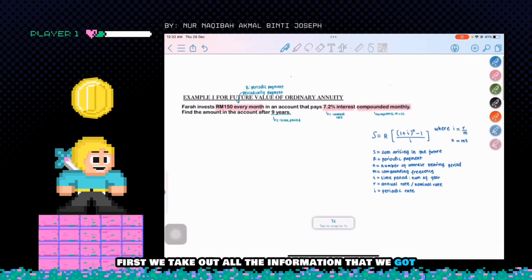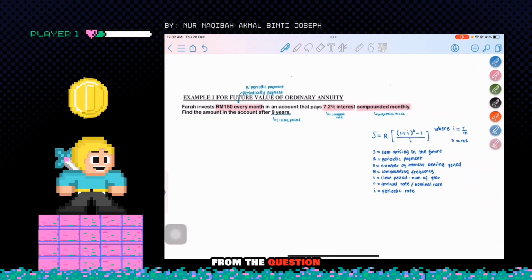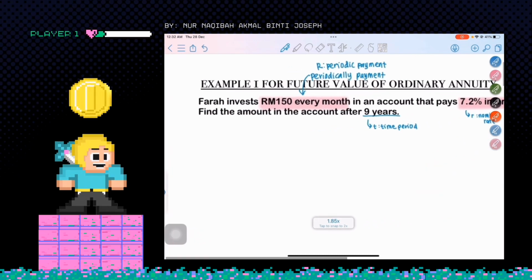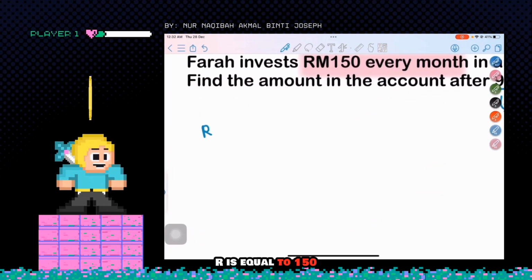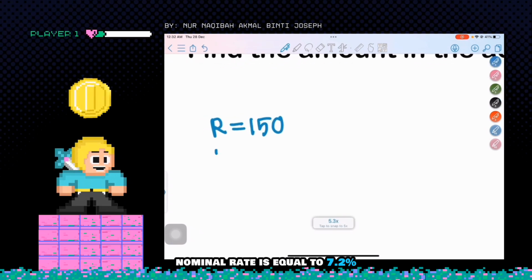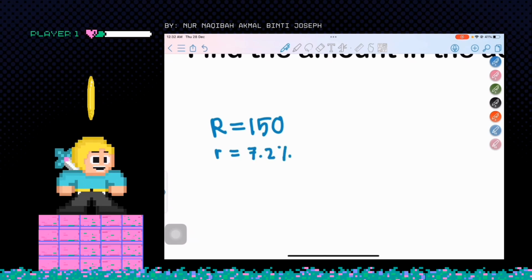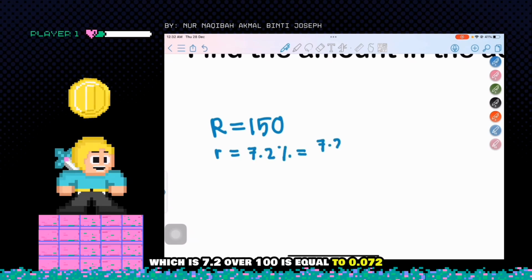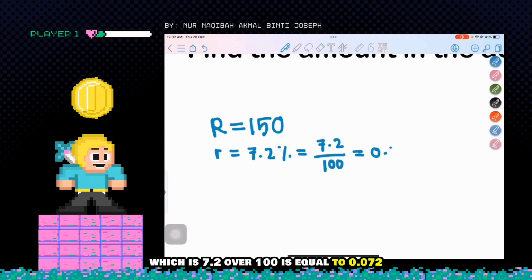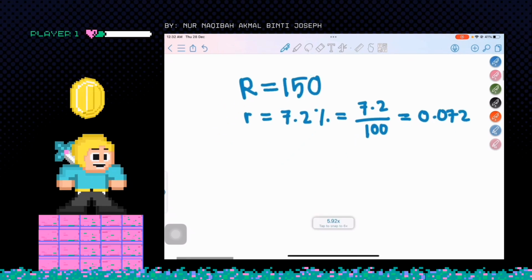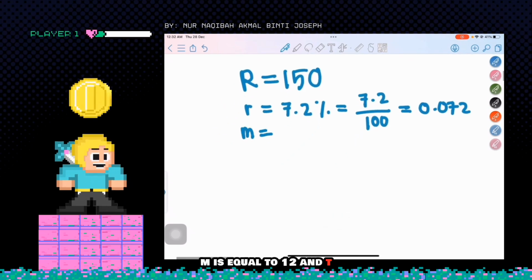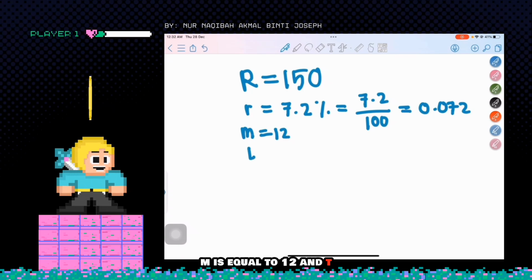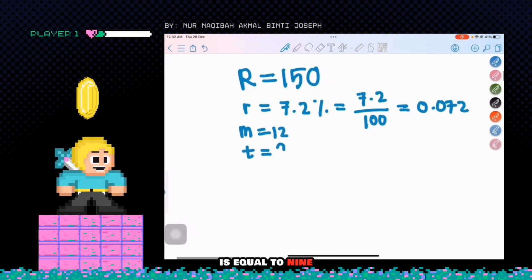First, we take out all the information that we got from the question. R is equal to 150. The nominal rate is equal to 7.2%, which is 7.2 over 100, equal to 0.072. m is equal to 12 and t is equal to 9.